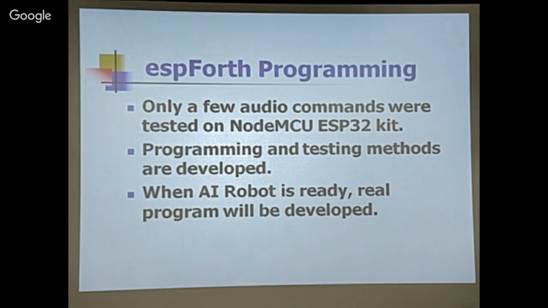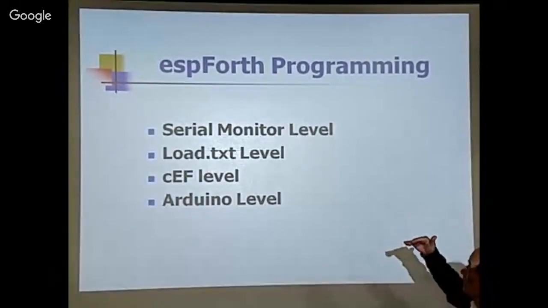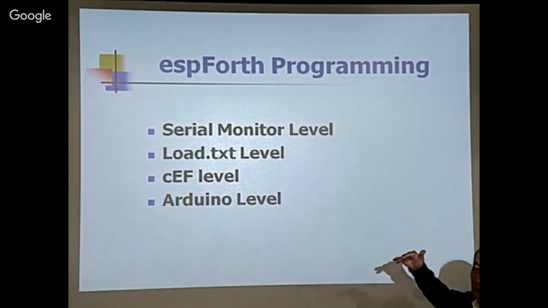So I'm trying to build a full system so that we can actually program this AI robot when the hardware is available. To program the robot, or program the ESP32 board, we actually have 4 levels that we can do programming.